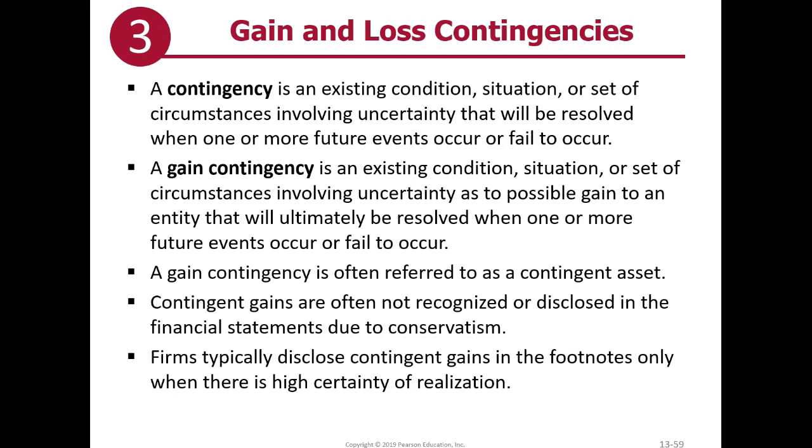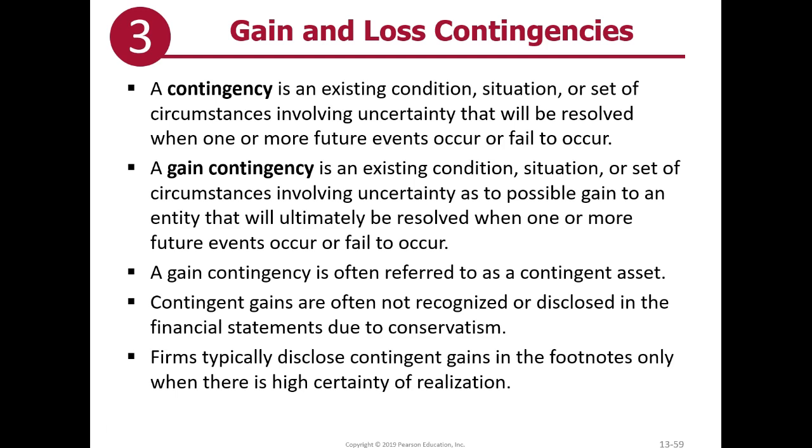If there is a highly certain likelihood that you're going to have a contingent gain, then you can go ahead and disclose it in the footnotes. But again, we're going to wait till the actual cash flow occurs before we recognize it. So, gain contingencies, mostly footnote disclosure only when it's highly certain.